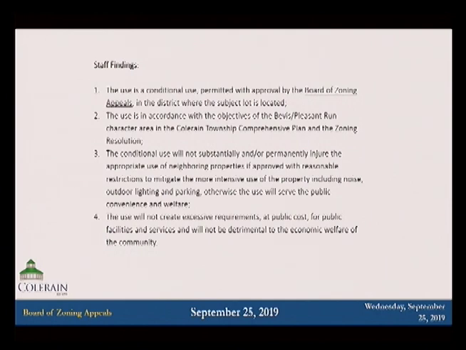The conditional use will not substantially and/or permanently injure the appropriate use of neighboring properties if approved with reasonable restrictions to mitigate the more intensive use of the property, including noise, outdoor lighting, and parking. Otherwise, the use will serve the public convenience and welfare. And lastly, the use will not create excessive requirements at the public cost for public facilities and services and will not be detrimental to the economic welfare of the community.